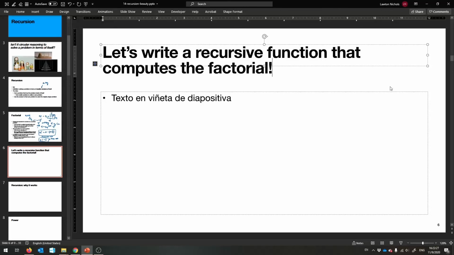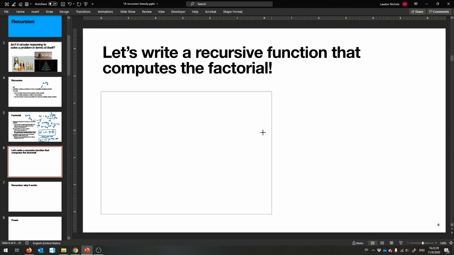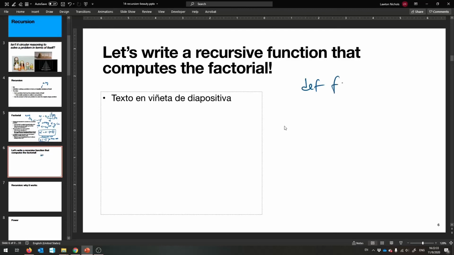So let's call it like fact or something. And if we remember what's going on here, I'm going to call it def fact of n. And we got to do something in here. Remember our base case and our recursive case. Oh, sorry. 1 factorial equals 1.